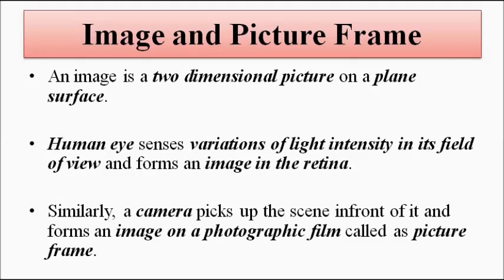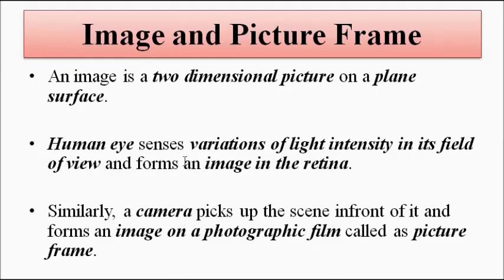It is very much similar to a camera which picks up whatever scene is in front of it, within its frame, and forms its image on a photographic film. That is what we call a picture frame.